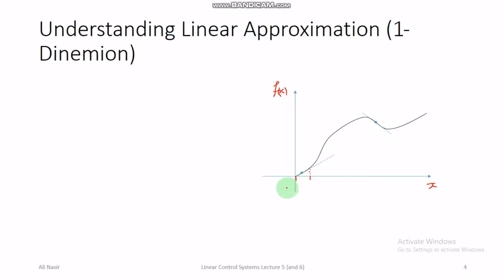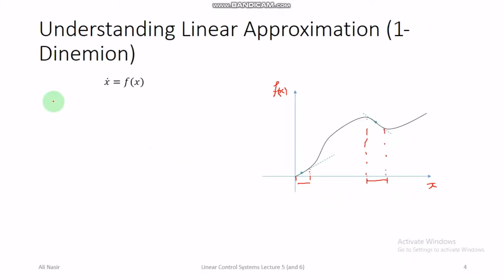Within this range, the linear approximation works very nicely. Also for this case, we have this range. Within this range of values of x, the linear approximation works very well, and outside this range it does not work that well. So these are the concepts.